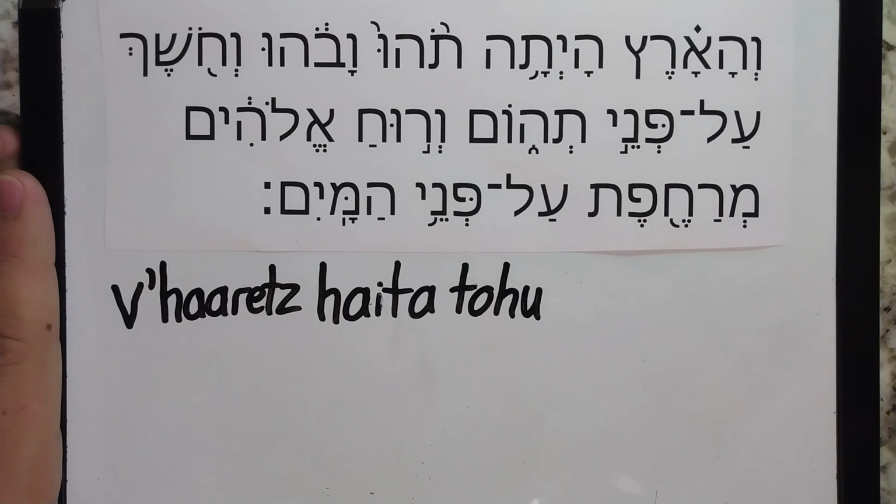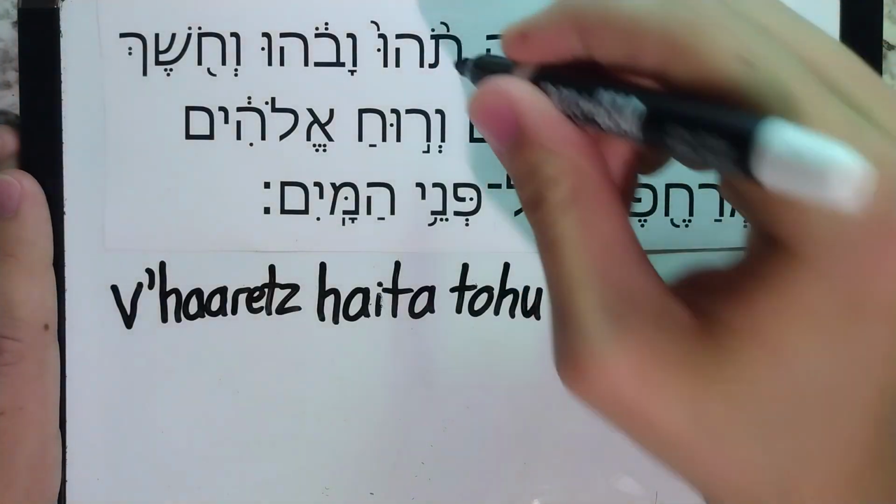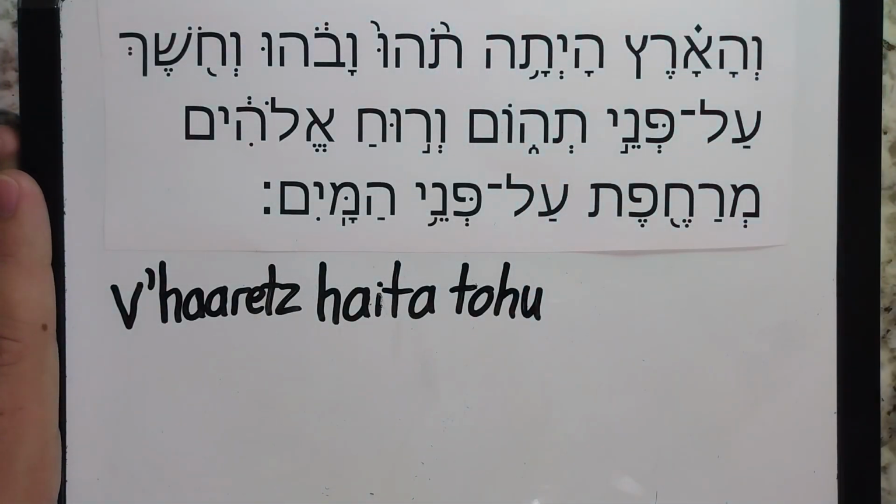So which one is indicating the accented syllable? When there are two punctuation markers on a word, the one on the end is not the one that has the accented syllable, which means that this one on the syllable to is indicating the accented syllable. So this word has the accent on to, and so this word is not tohu, but tohu.